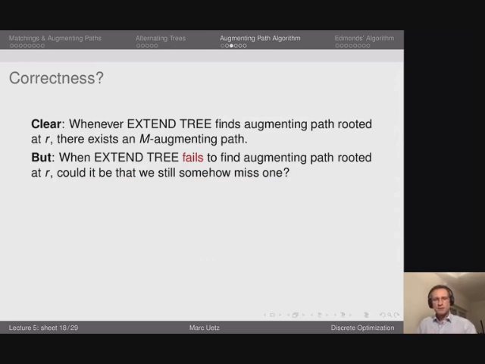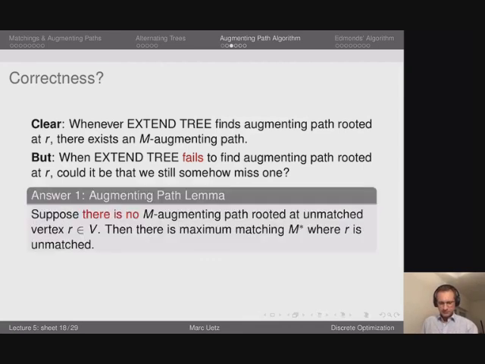And there is a positive and a negative answer to that question. So let me first start with a positive answer to that question. So that's answer number one here. I call it the augmenting path lemma. And read carefully what it says.